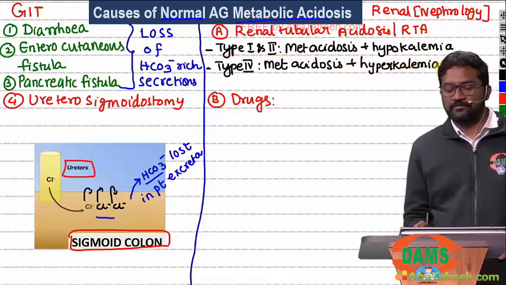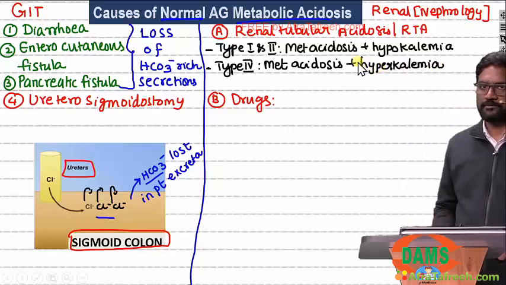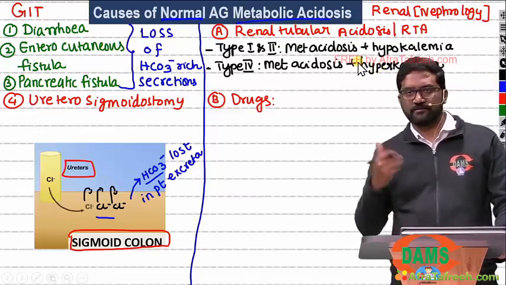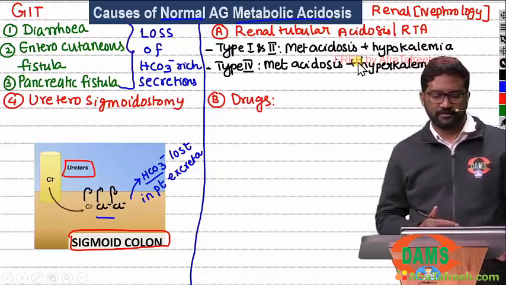So the mechanisms of type 1, type 2, type 4, and type 3, which is not clearly defined, are an extensive topic of discussion in your nephrology.